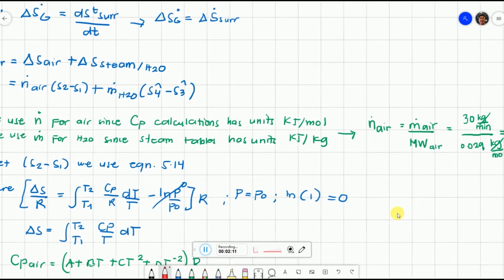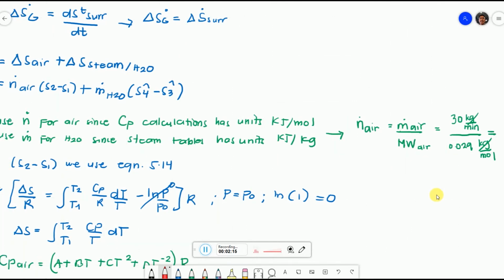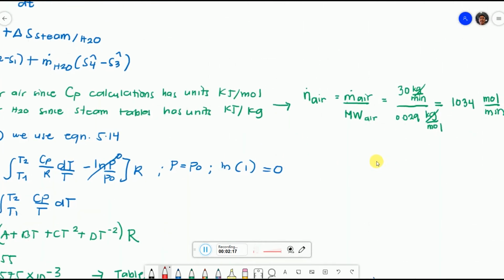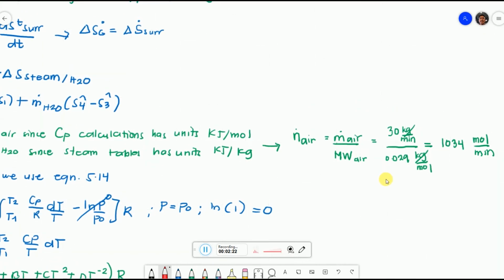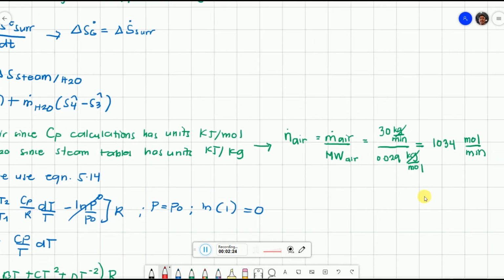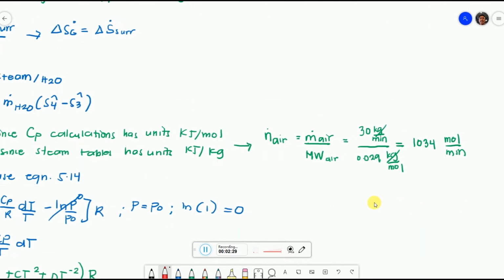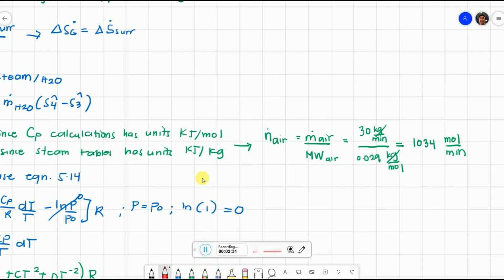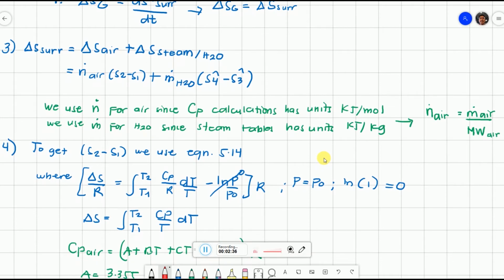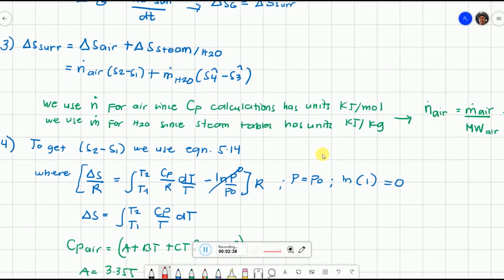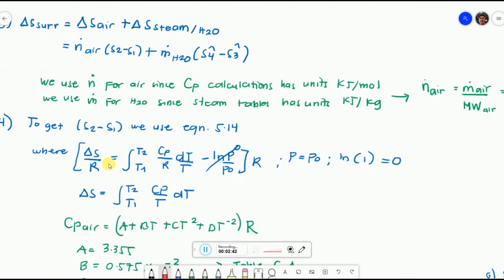Now we find the molar flow rate for air, which is just equal to the mass flow rate of air divided by its molecular weight, which is 0.029 kilograms per mole, which gives us the value of molar flow rate of air to be 1034 moles per minute.